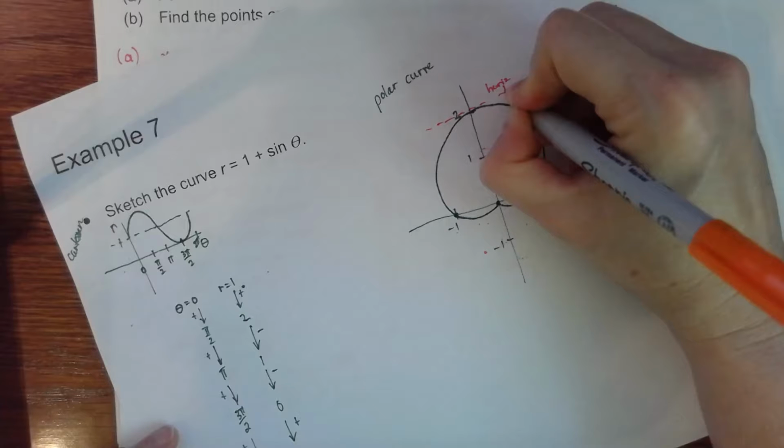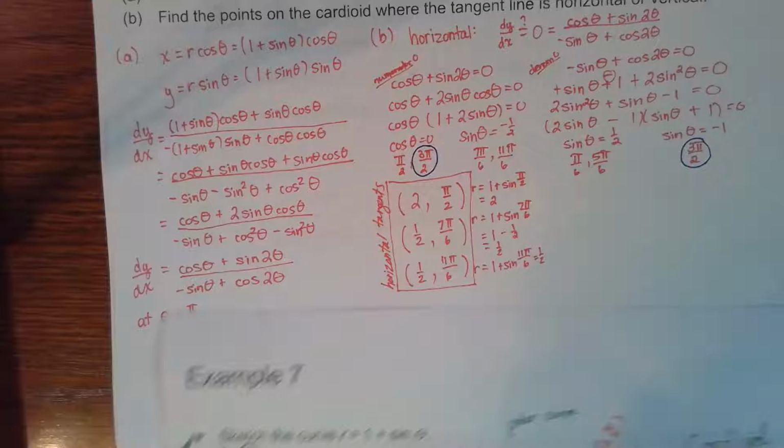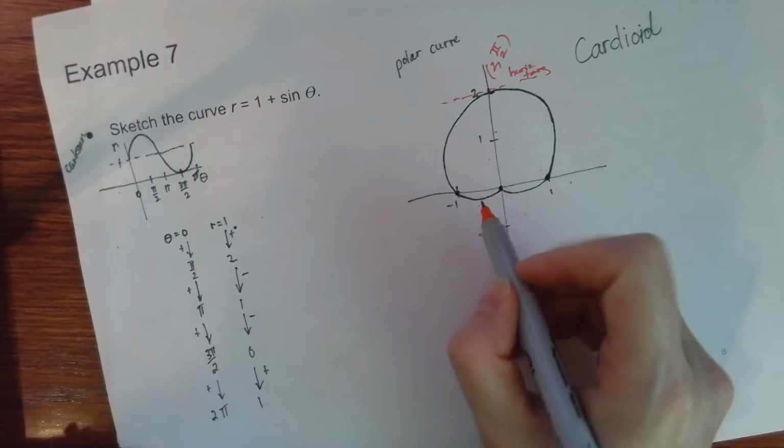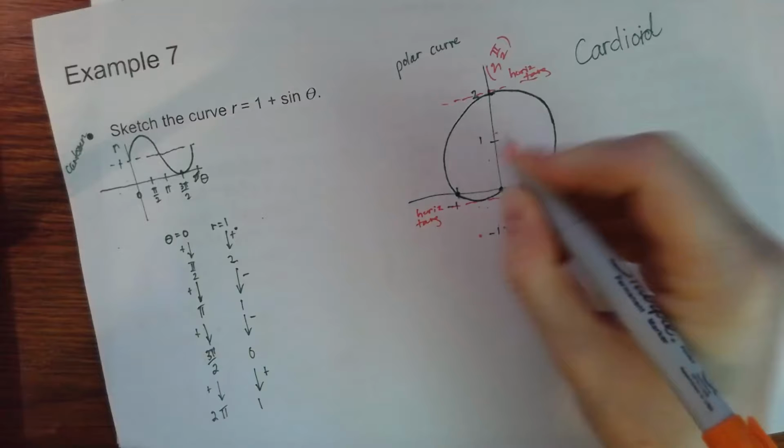There at this point, this is the point 2, pi over 2. And then we've got 7 pi over 6, 1/2. Okay, so 7 pi over 6 is going to be over in here somewhere, 1/2. So that's this point right here where we have a horizontal tangent.